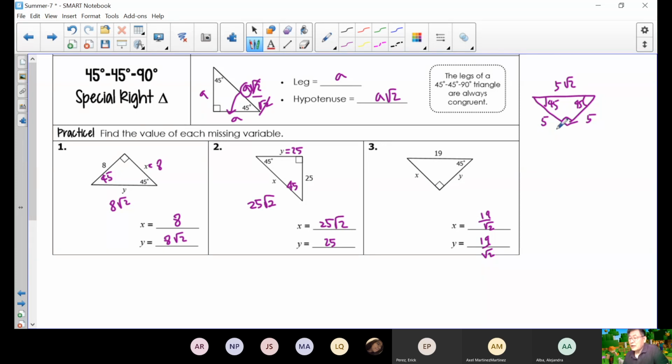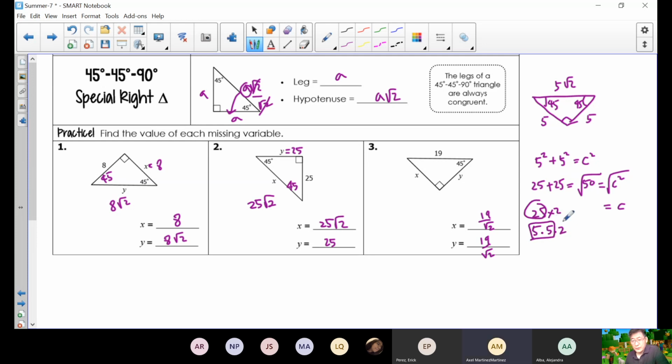That's a special angle, right? Now I can prove it. Now look at this one. This is 5 squared plus 5 squared, which is 25 plus 25, right? Which is 50. Let's say this one is c squared. So I put square root on both sides. Then c, the hypotenuse, is the square root of 50, which is 25 times 2. 25 goes outside as 5 times 5, times 2.